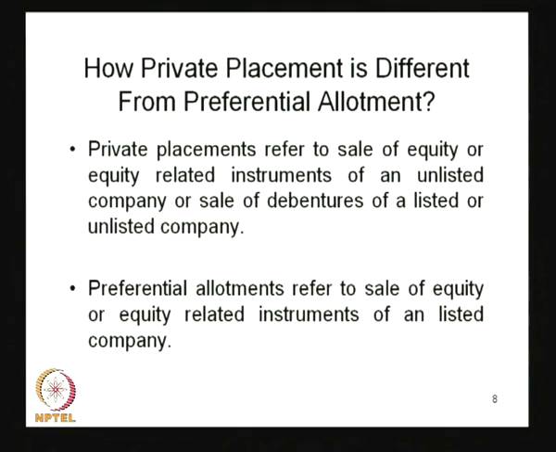That means, whenever we talk about the private placement, it refers to equity or equity related instruments of an unlisted company, but whenever you talk about debentures, it can be both listed and unlisted.